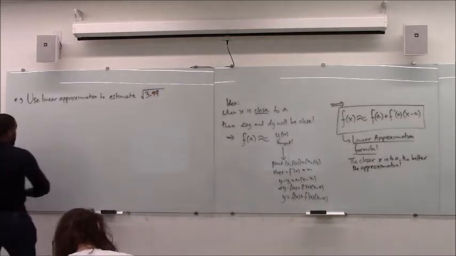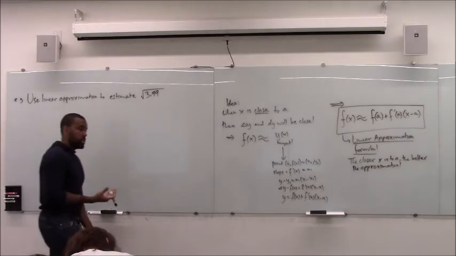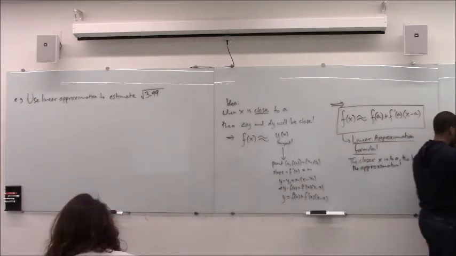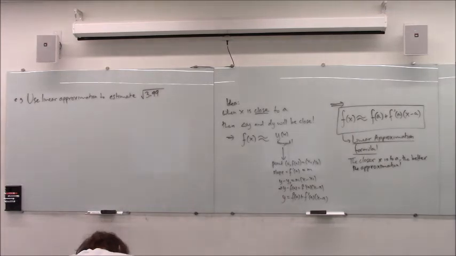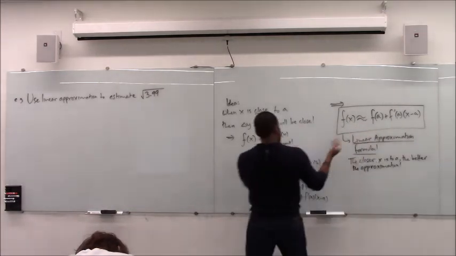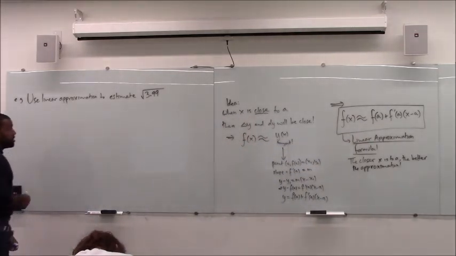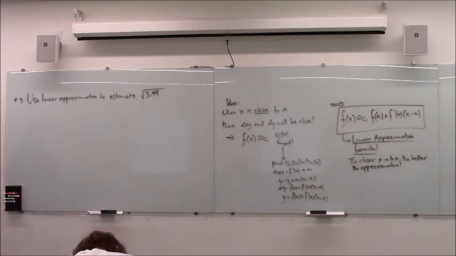Approximately what is that? Using a linear approximation. Which means ultimately, I'm going to want to be able to somehow use this formula to help me come up with an estimate of what the value of that expression is.